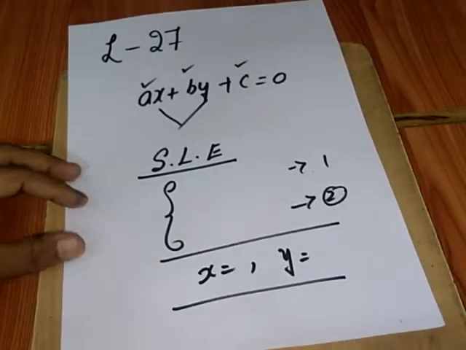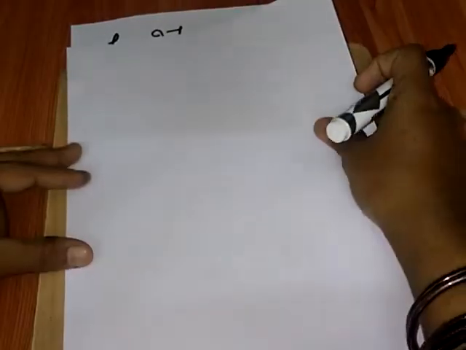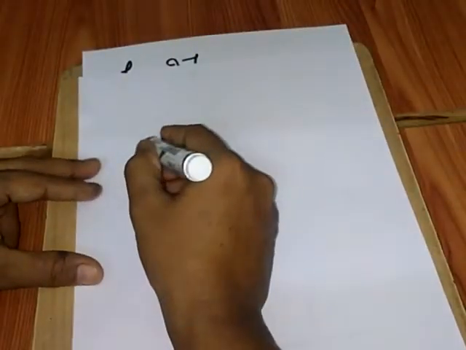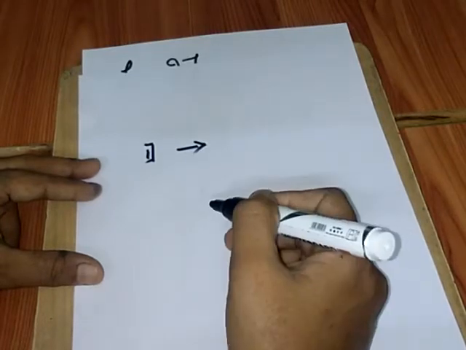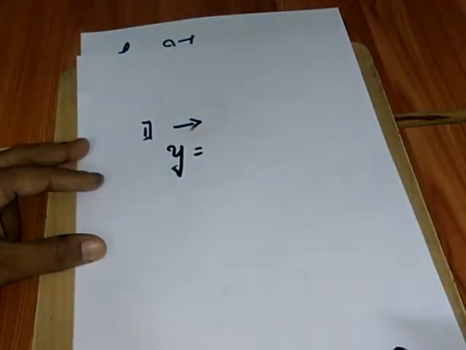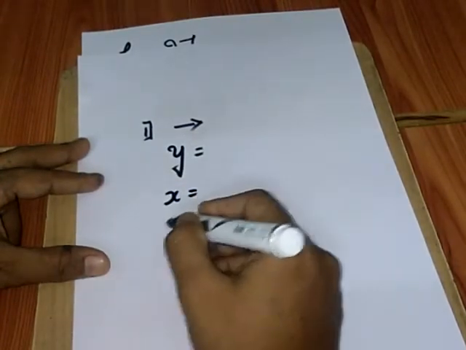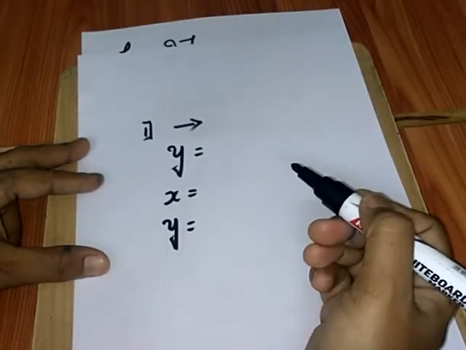For that we need to remember the basic steps that we have learnt in coordinate geometry. That means, for the given equation, we need to equate the equation for the variable y. Later, assign the values for x and find the value of y.